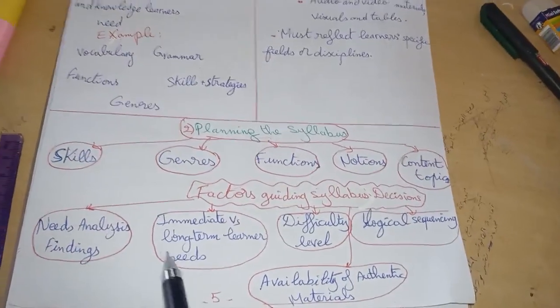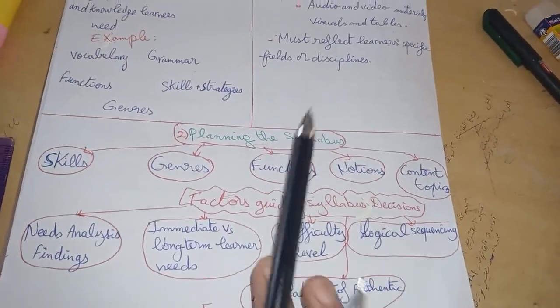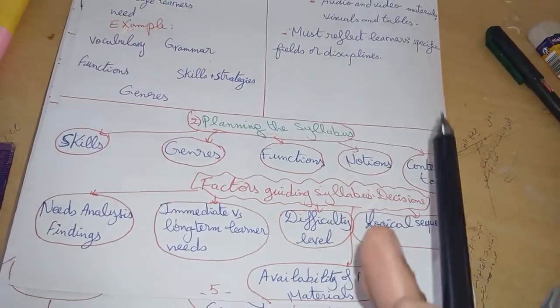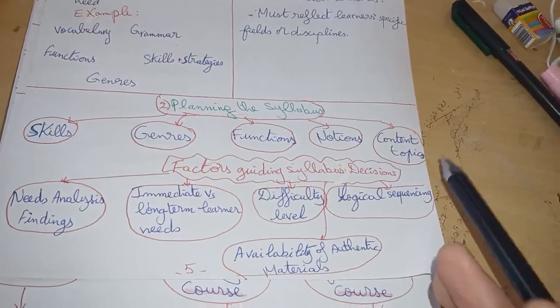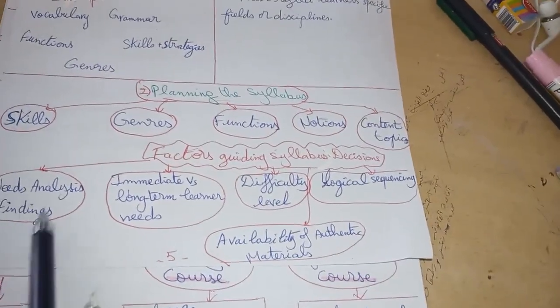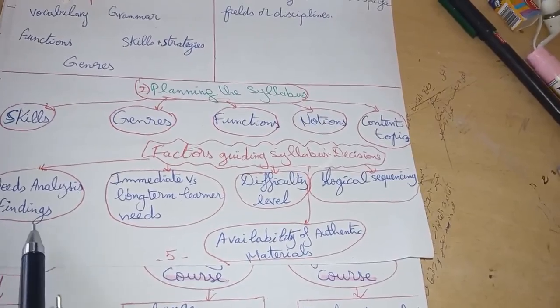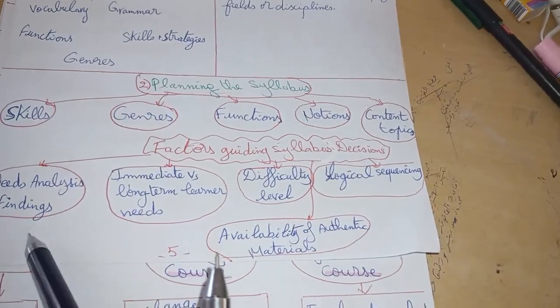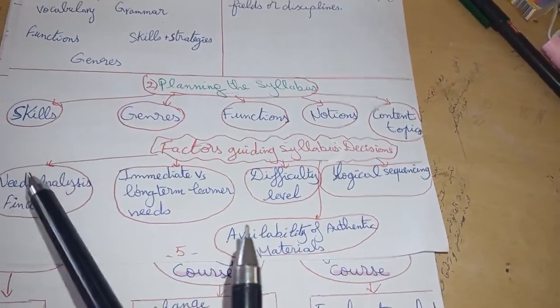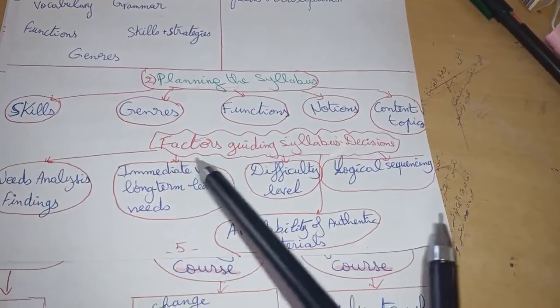Also we have factors guiding syllabus decisions before we ascertain that this is the course that we are going to do. So we have to take into consideration needs analysis findings. After we do the needs analysis, we take the findings into consideration, so we know what we teach and what we do not teach.